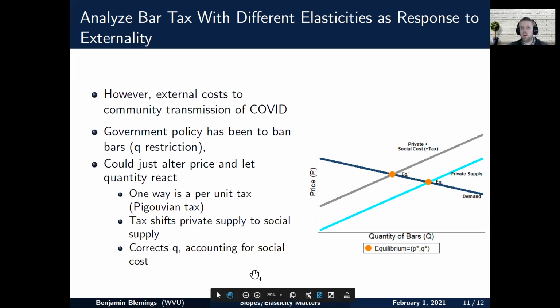And this has implications for what we do about people going to bars more than is socially optimal. A lot of governments have policies to just ban bars. I actually don't agree with that policy. I think a different way to do things might be to just add an additional tax on bars, to make it more expensive and therefore shift the equilibrium quantity inwards while also making tax revenue.